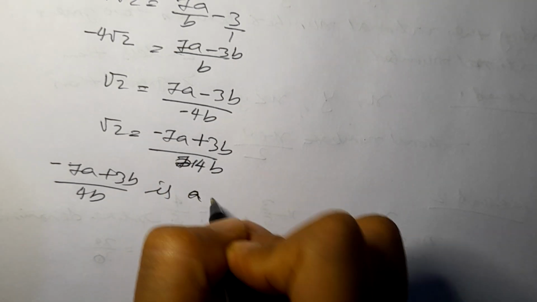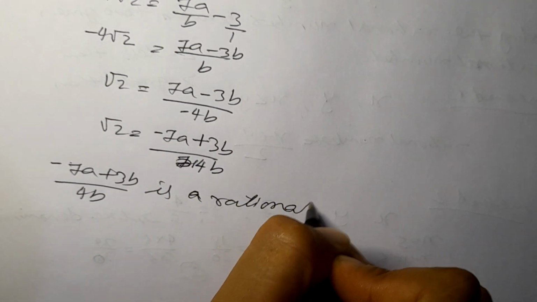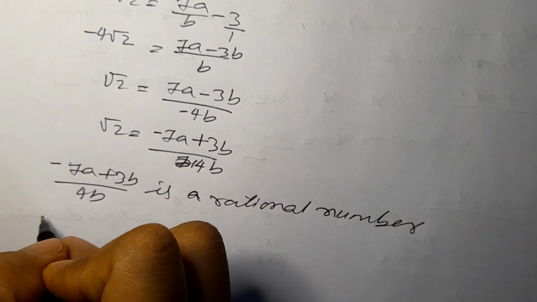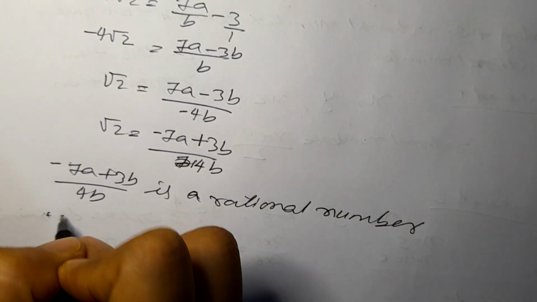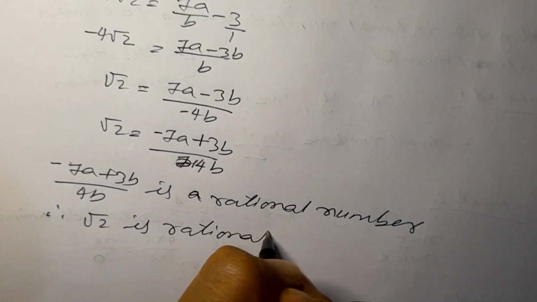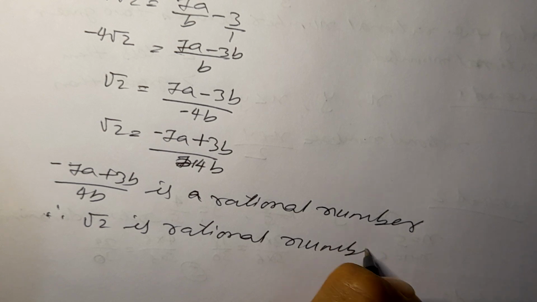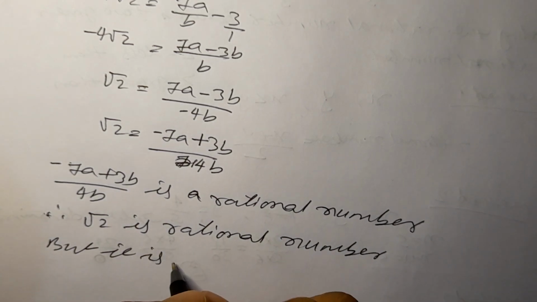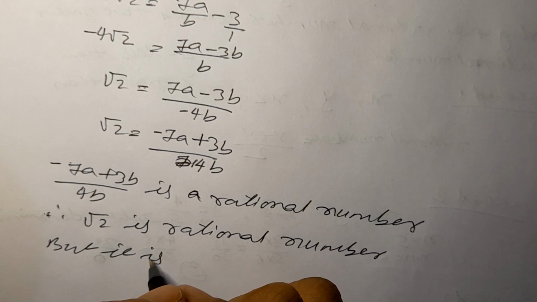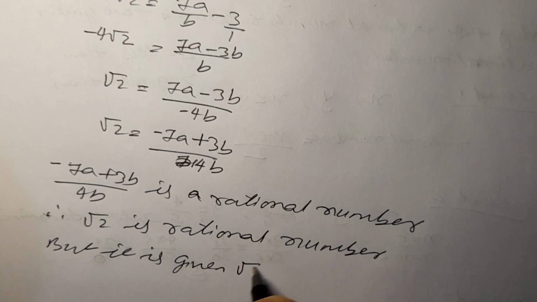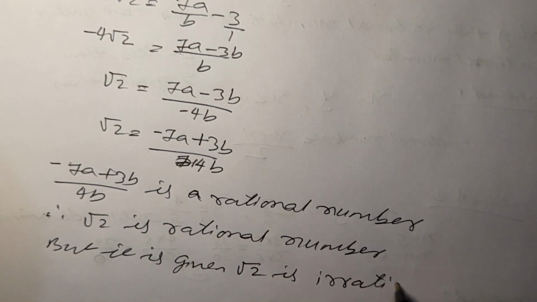Since it is a fraction, it is a rational number. So root 2 is a rational number, but it is given that root 2 is an irrational number.